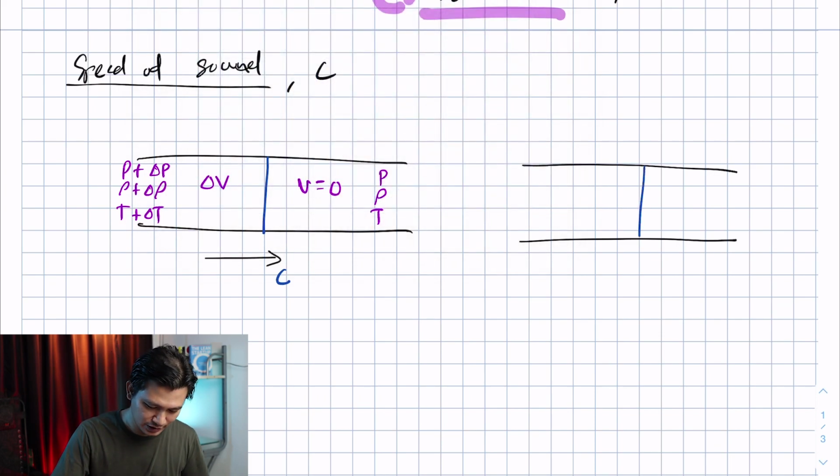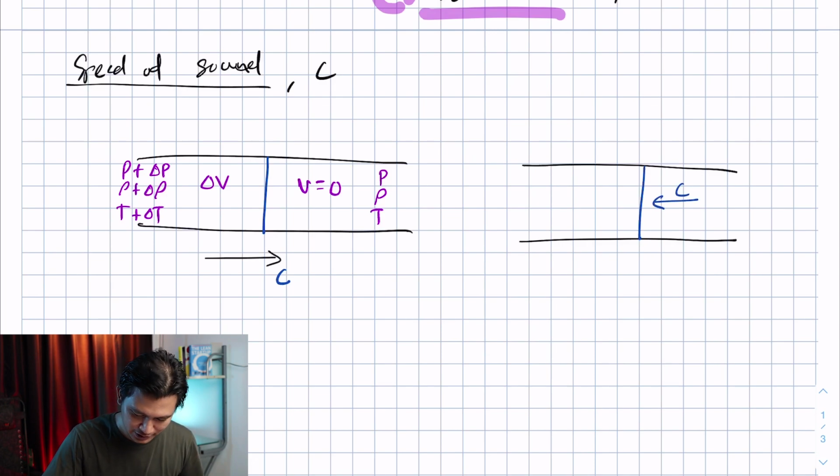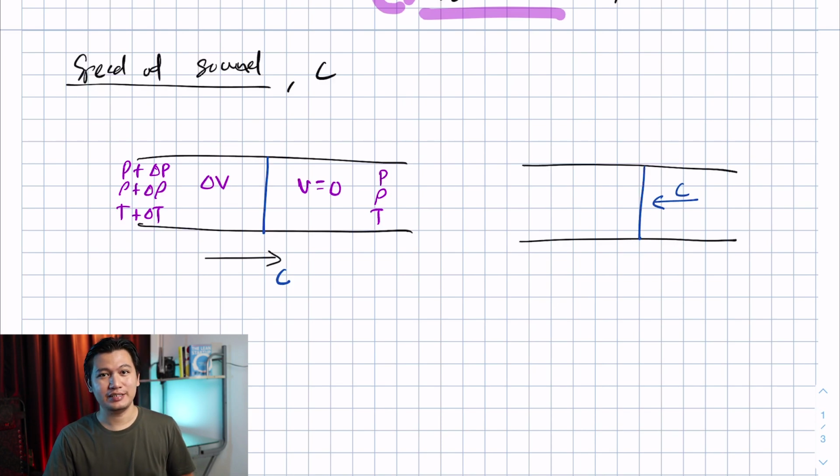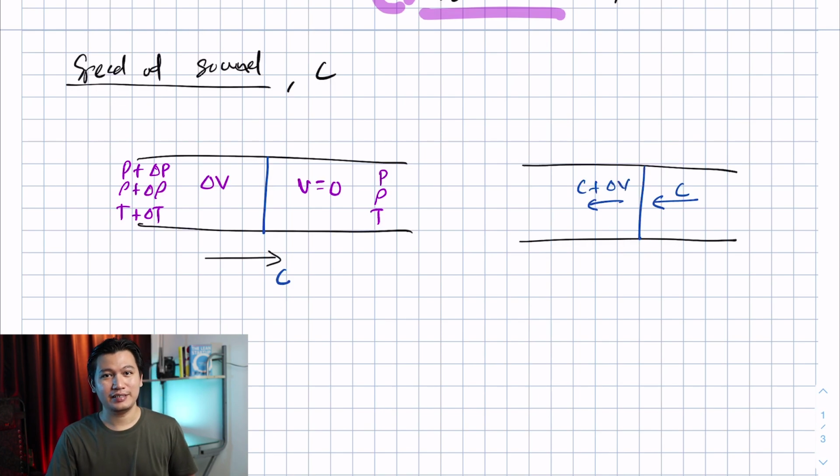So let's see what's happening. Let's say now we have the same wave, but we freeze it in time. Because when I do this, the velocity on the right-hand side of the wave is no longer 0. It has to be c in that direction. And the velocity on the left of the wave is going to be c plus delta v, right?